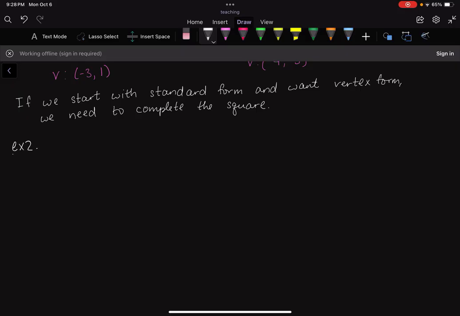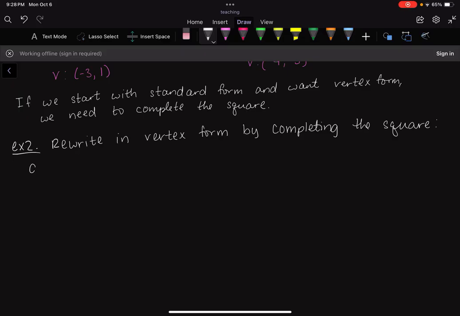This would be example 2, and I'm going to say rewrite in vertex form by completing the square. And we'll do a few of these.